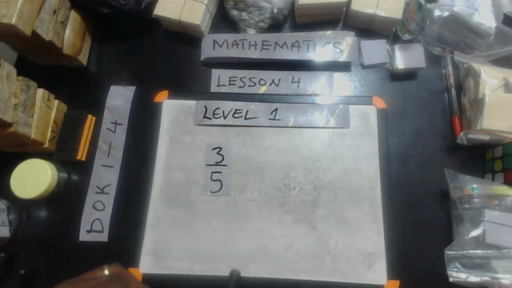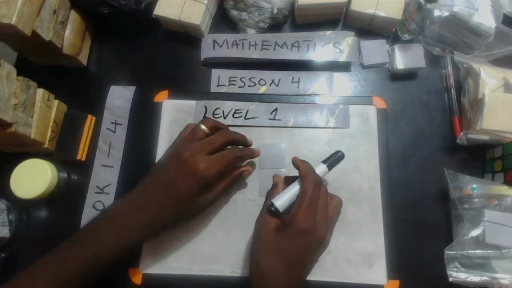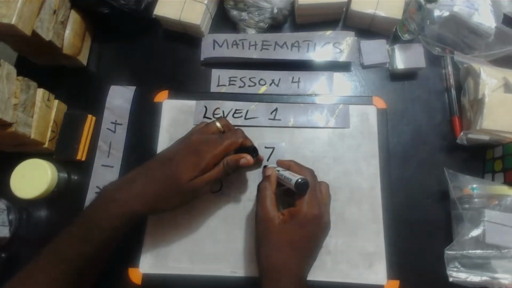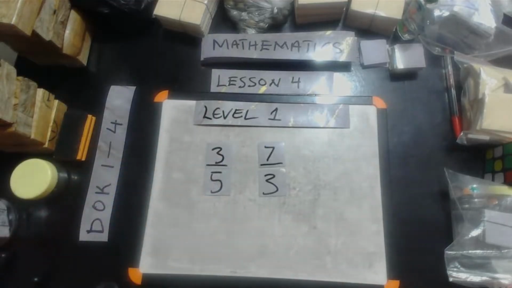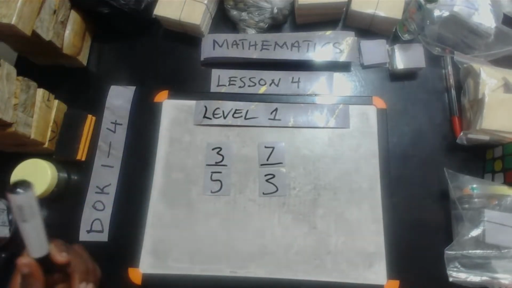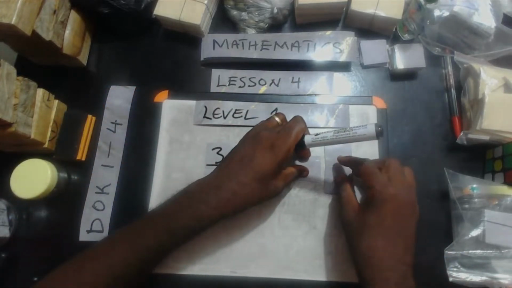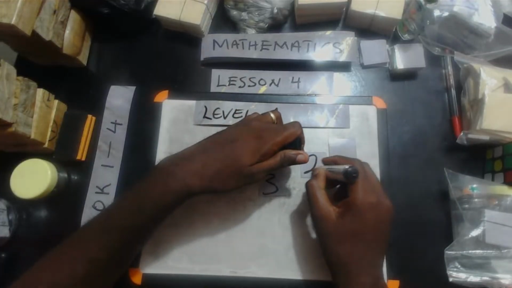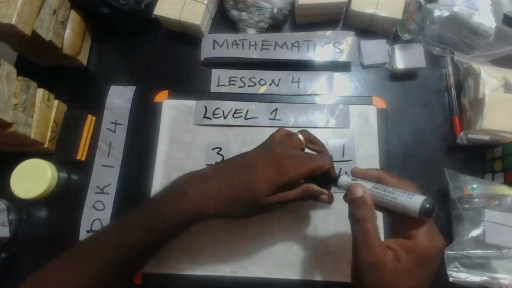Let's look at another set of fractions. So let's have another fraction, which is 7 divided by 3. And then we can look at another set of fractions, mixed fractions. We can look at a mixed fraction, which is 2 whole number 1 over 4.